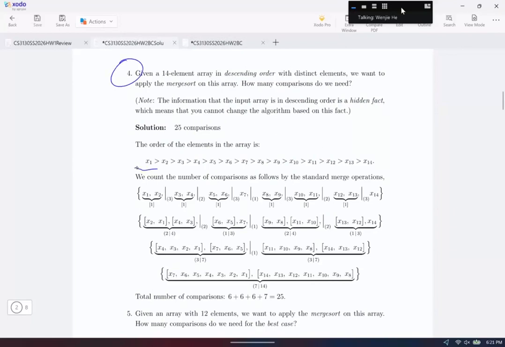So the input here is in descending order. But in the final, I will change this order. I will give you a certain order that is not ascending, not descending. Somewhere between: ascending, descending, mixed.